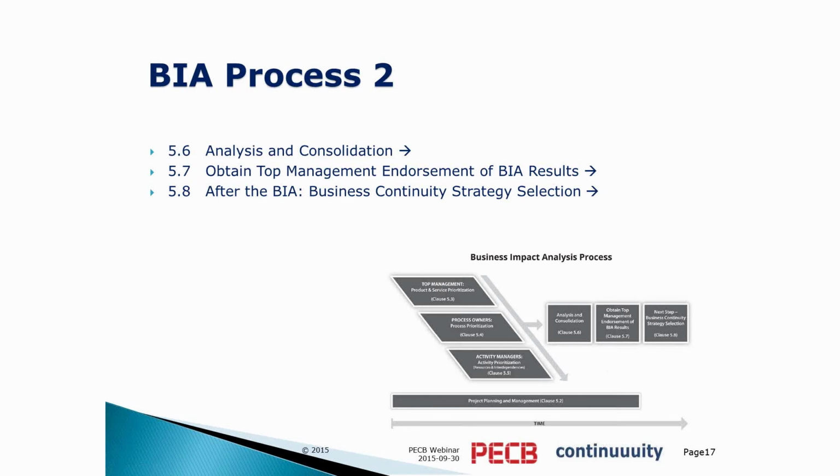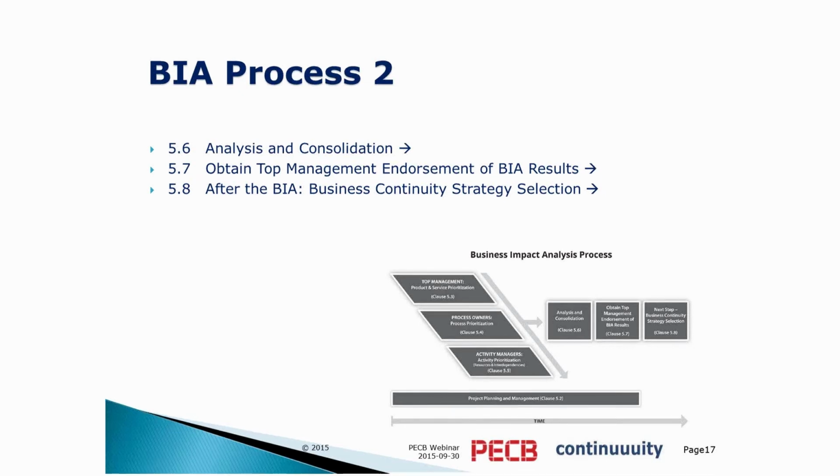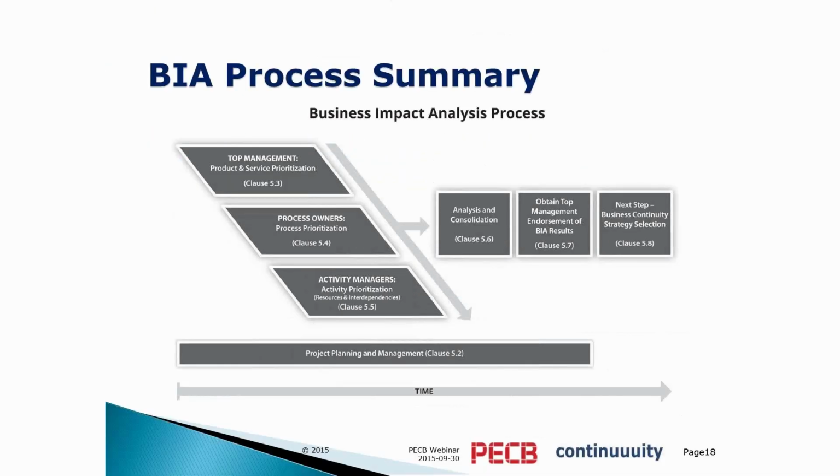So this is on a certain level the process summary. The standard actually talks about the BIA process, so we talk about a structured approach, a structured process on how to perform the BIA.